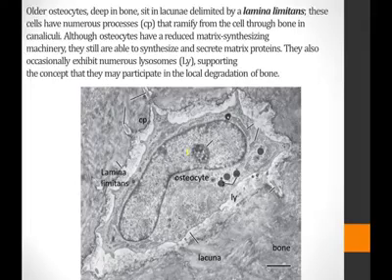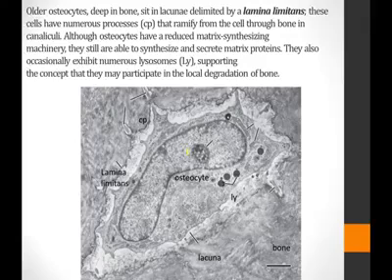This figure here shows the older osteocytes embedded deep within the bone, where they sit in their houses called the lacunae. Between the lacunae and the osteocyte plasma membrane, there is another membrane called the lamina limitans. These osteocytes have numerous cytoplasmic processes that ramify from the cell through the bone in canalicular structures of the lacunae.